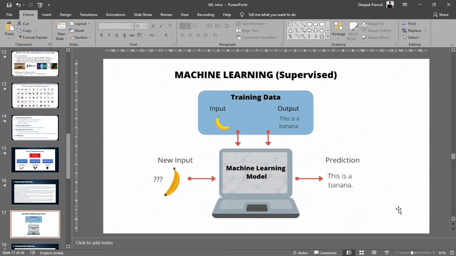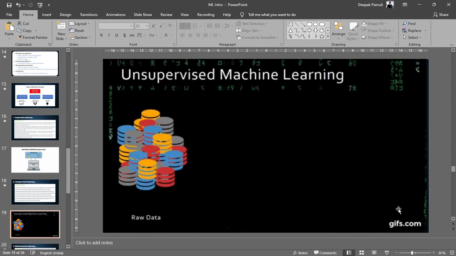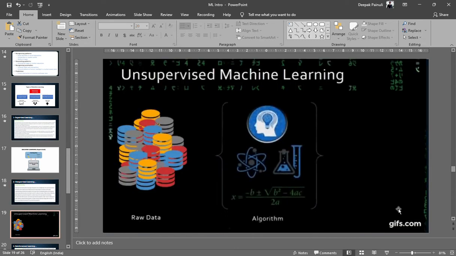Coming to the next type, we have unsupervised learning. As we discussed, it is used to work upon unlabeled data. We are not going to provide any label to the input data, and the machine learning algorithm automatically learns from the data and clusters it into different categories. In the next image you can see how it works.